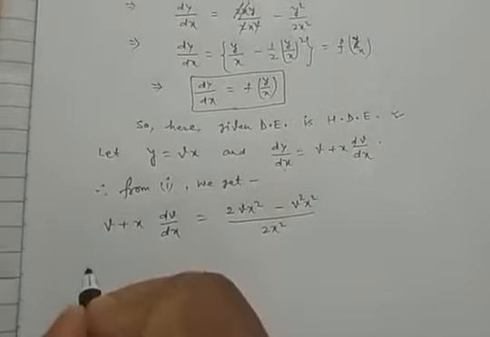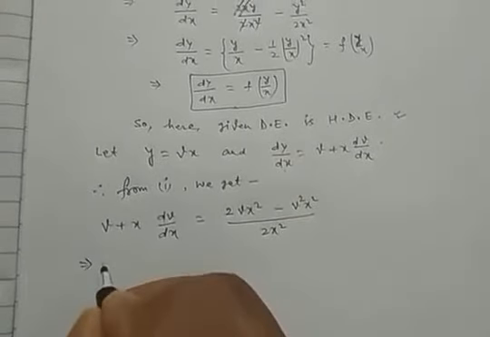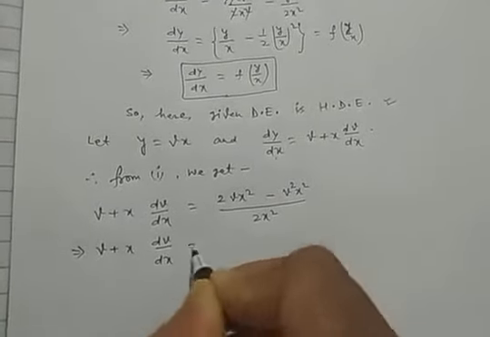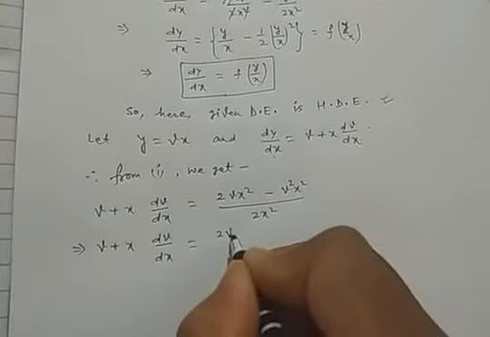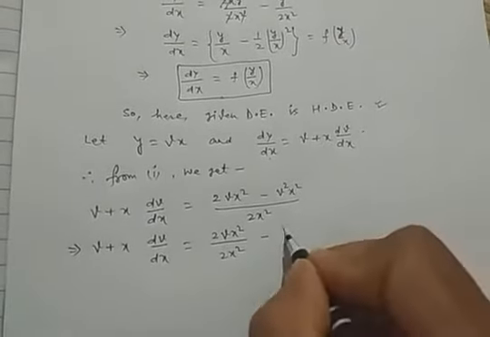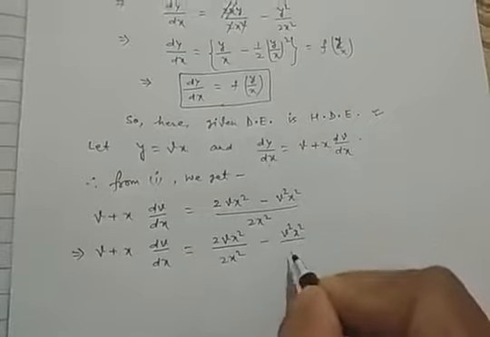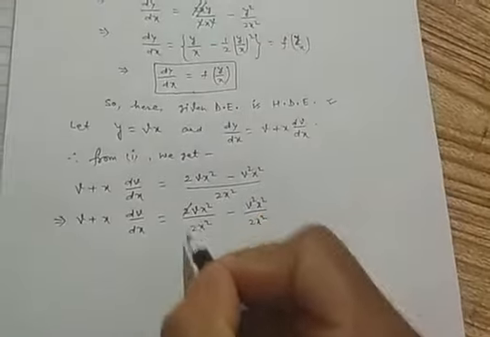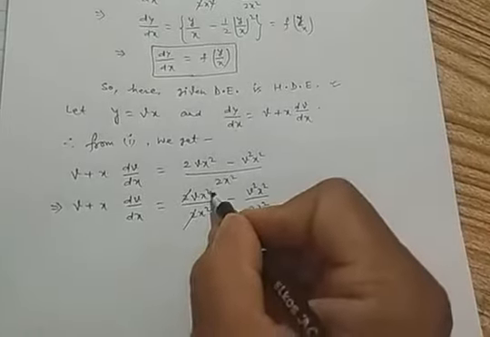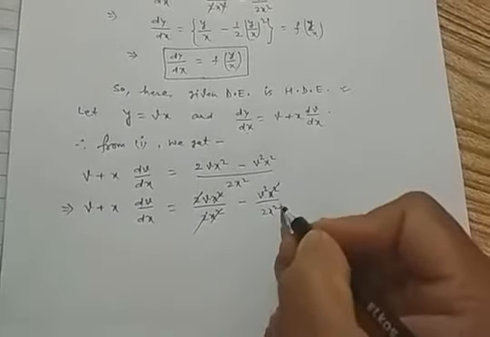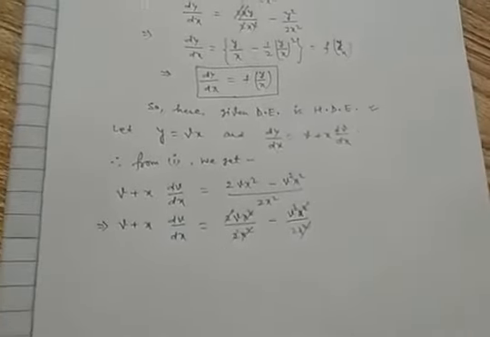Okay, now this implies v plus x dv upon dx equal to 2v x square upon 2x square minus v square x square upon 2x square. Here 2 and 2 will be cancelled, and x square and x square will be cancelled.